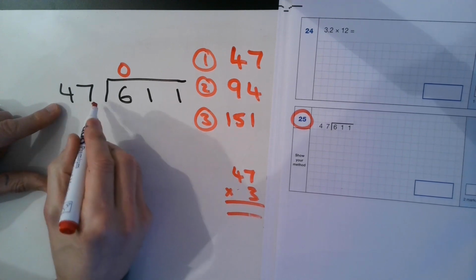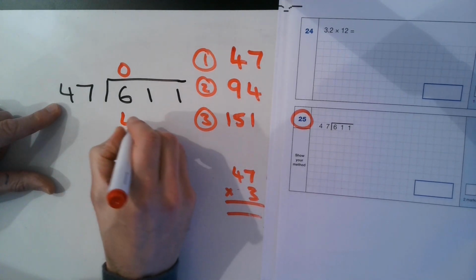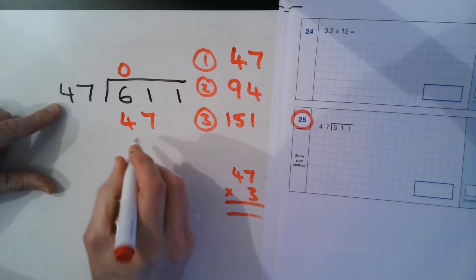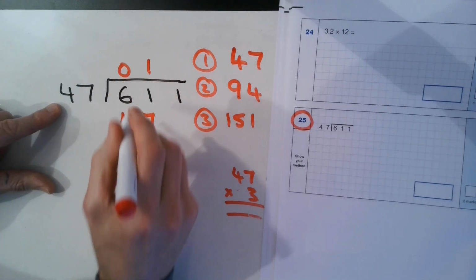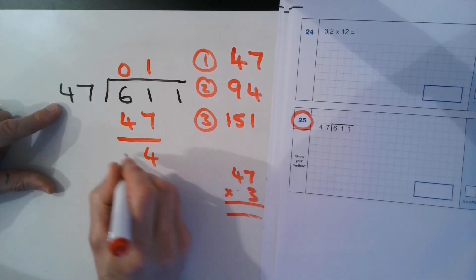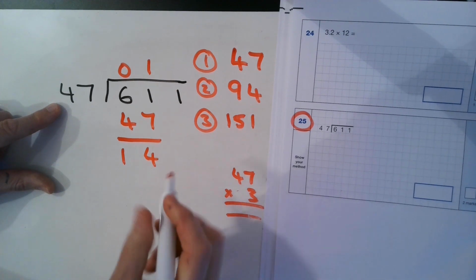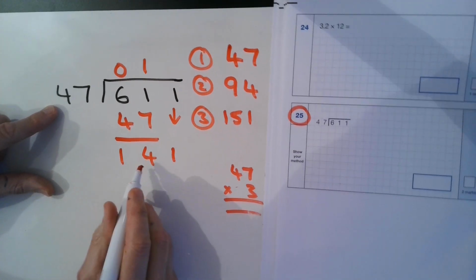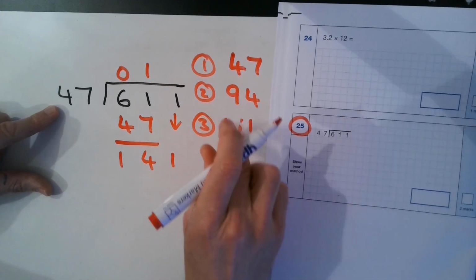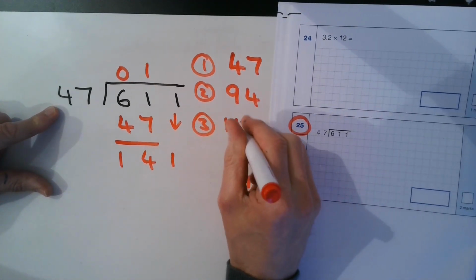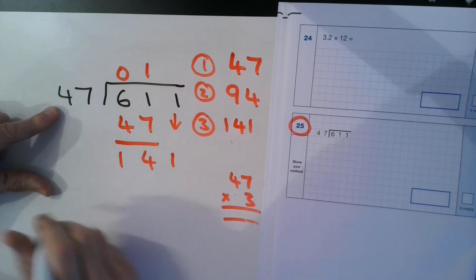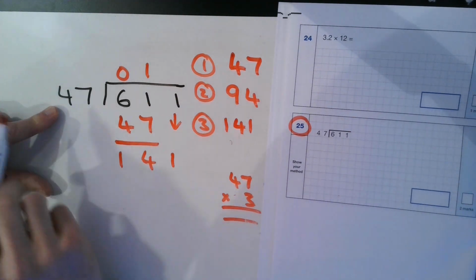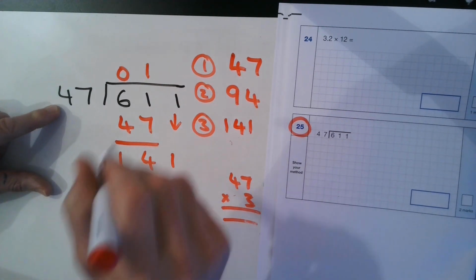So how many 47s in 61? Well, we're not going to have more than 1. So that's going to give us 1. And when we do the subtraction, that's going to give us a remainder of 14. And then we bring that 1 down there. That gives us 141. Oh, I've just realised I've made a mistake there. I should have done this correctly. So how many 47s are there in 141?